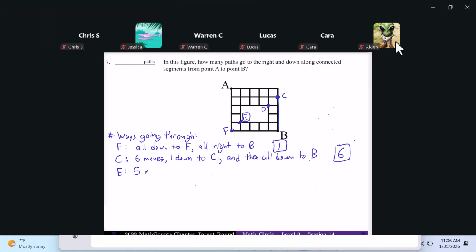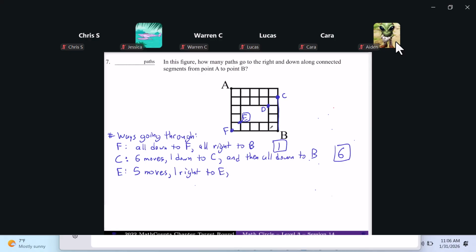So there are 5 moves, and as someone is saying in the chat, there are 5 ways to do it. There are 5 moves of which one is to the right to get to E. So there are 5 ways of doing that.